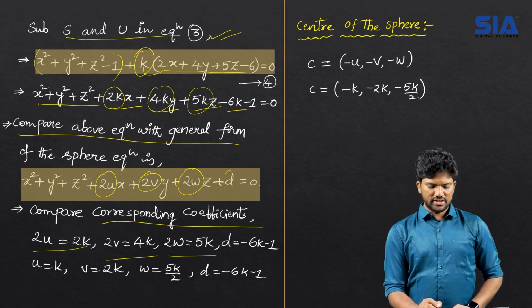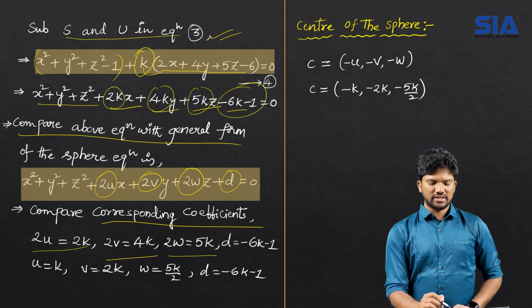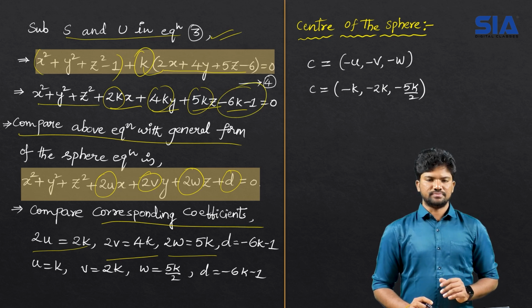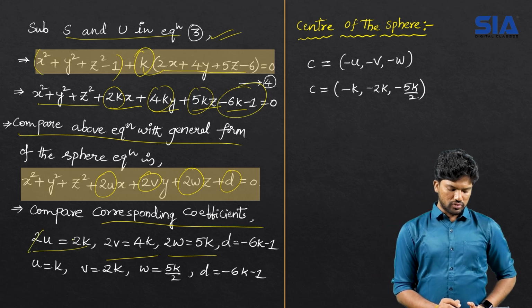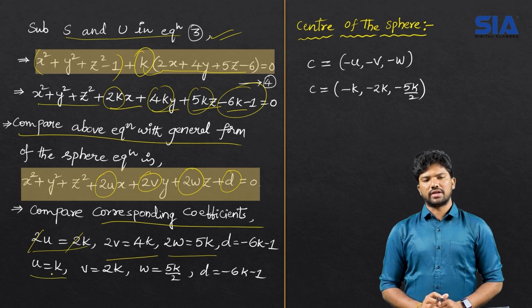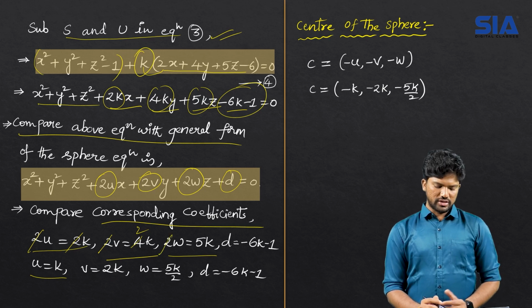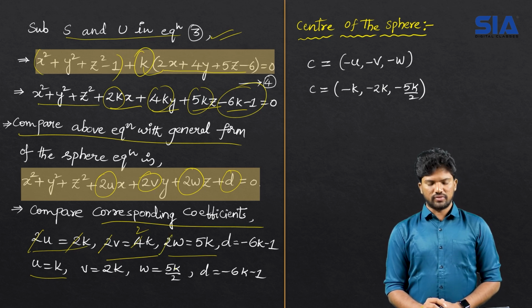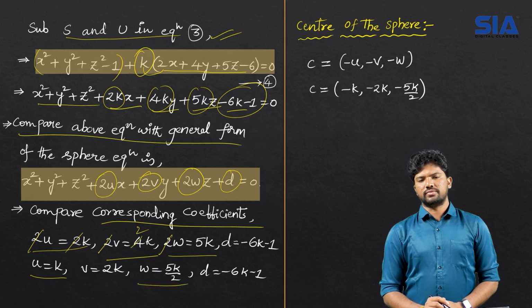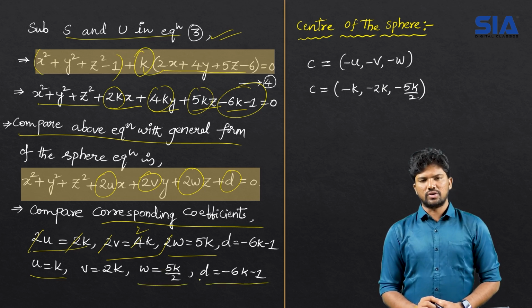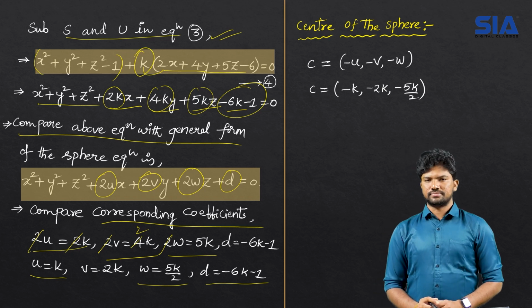Here the constant is small d, and here the constant is minus 6k minus 1. So by comparing, the 2s get cancelled, u is equal to k, and v is equal to 2k. Here there is no cancellation, so we can write w is equal to 5k by 2, and small d is equal to minus 6k minus 1.